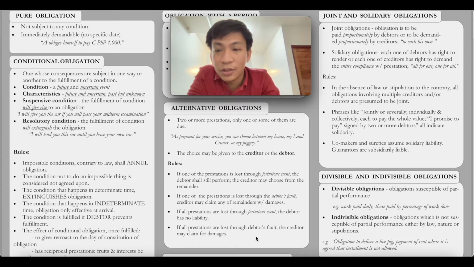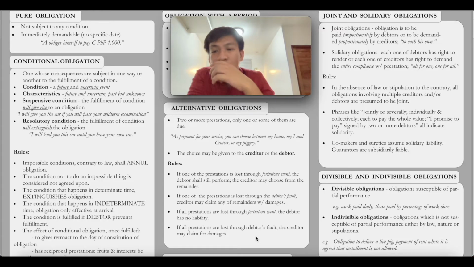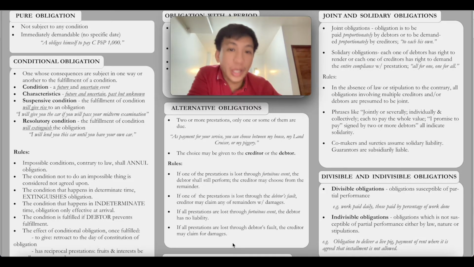Dahil solidary siya, the creditor can proceed against you or the other nung buong amount. Okay? Hindi mo pwedeng sabihin na, oh, kalahati lang babayaran ko, dalawa naman kami. No. That is solidarity. Kahit sino ang pwede niyang singilin sa inyo. And in fact, kahit na hindi pa niya singilin na una, yung nangutang talaga, pwede ka niyang singilin.